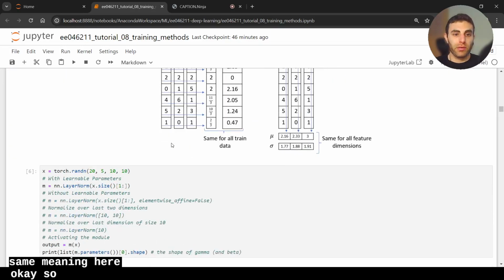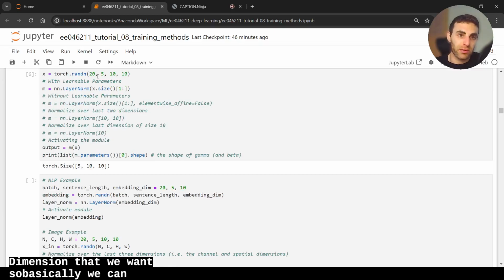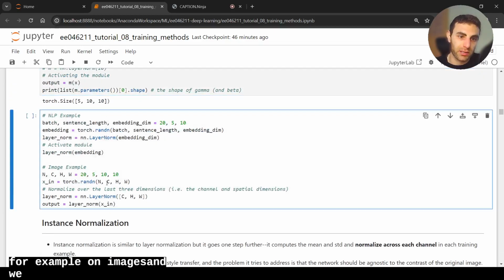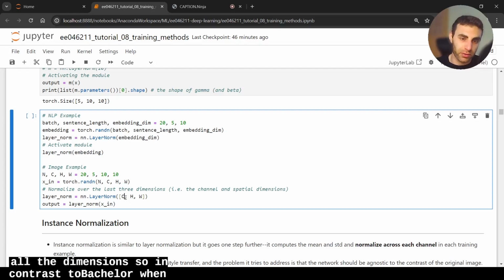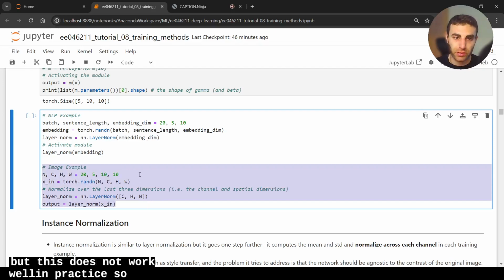So when do we use layer norm? We can use layer norm on every dimension that we want. So basically we can consider all of the dimensions. For example, on images, in contrast to batch norm, where we considered NHW, here we consider CHW, so per sample. But this does not work well in practice, so we don't use it on images.